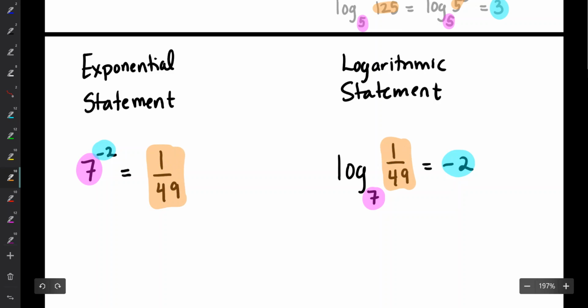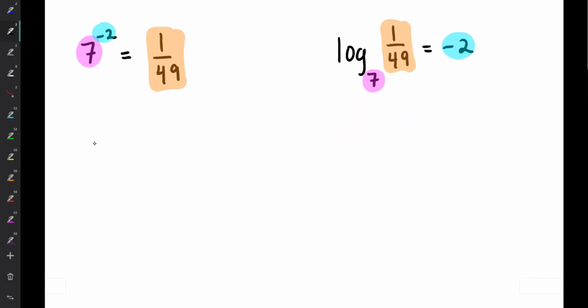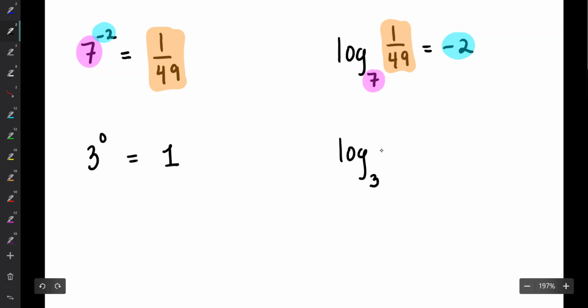All right, let's do 2 more. 3 to the 0 is 1, so log base 3 of 0 is 1. The base of the exponent and the log are the same. The log is going to, oops, Lindsay's dyslexic, you can laugh at me.